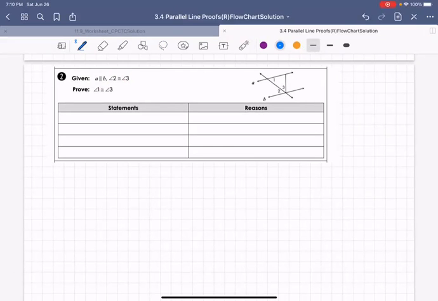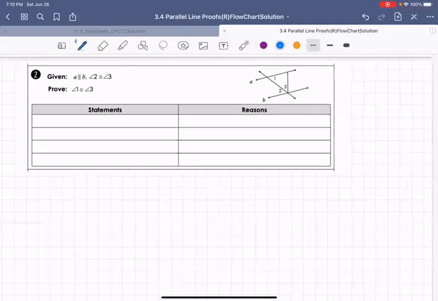A is parallel to B. Because, given. Okay. What else?